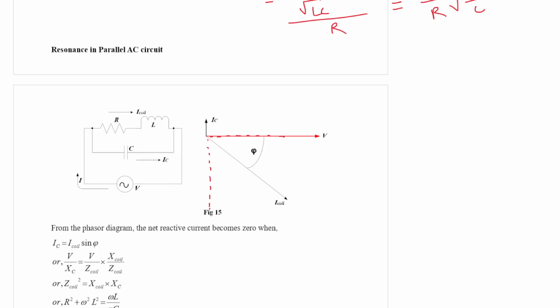So if this is the vertical component, then this current must be the vertical component I coil sin phi, and this horizontal component must be I coil cos phi.